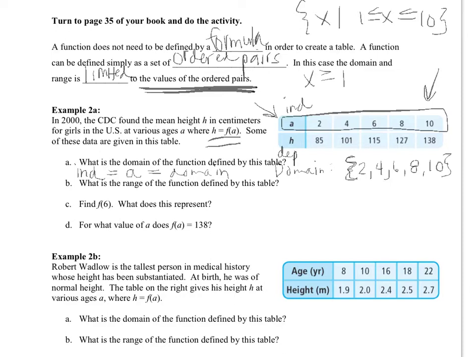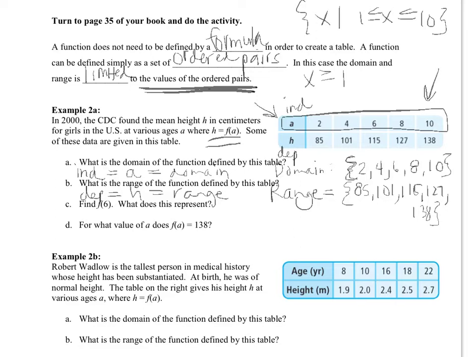It's only those values for the domain. For the range, we know it's the dependent, and that's the h values, equals the range. So we can write range, and a brace, 85, 101, 115, 127, and 138.